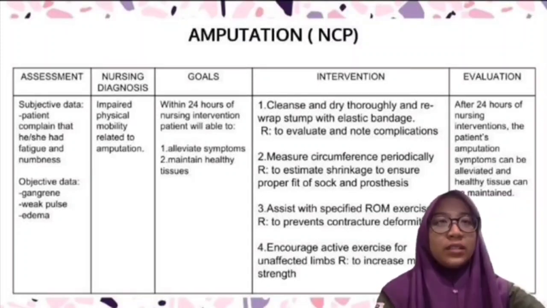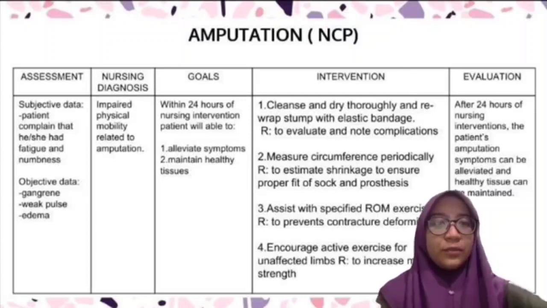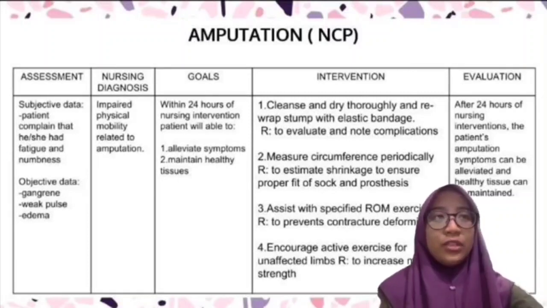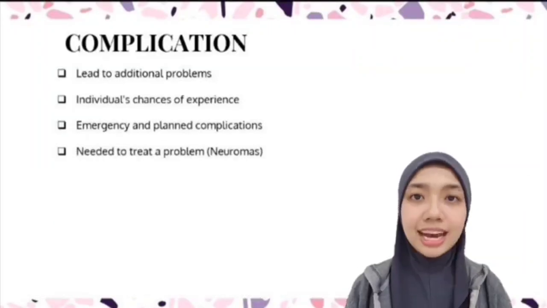And last, assess the patient with ambulation. The rationale is to reduce potential for injury. And the evaluation is after 24 hours of nursing intervention, the patient's amputation symptoms can be alleviated and healthy tissue can be maintained.